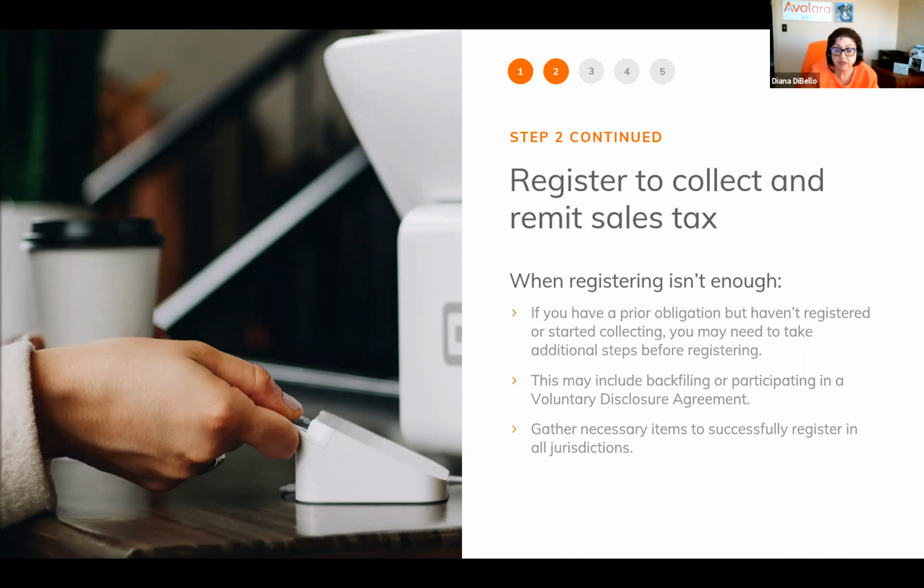So based on the risk assessment, you have a couple options to resolve your past liabilities. You can do a historical registration, register in arrears, and then pay up your liability, or you can do what's called the voluntary disclosure program. And we have resources that can assist you with that.